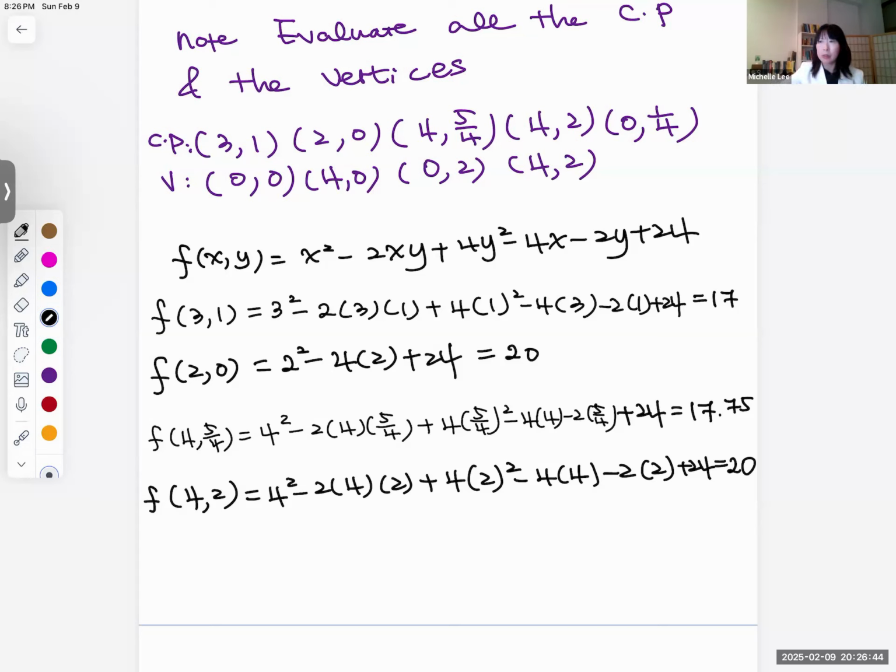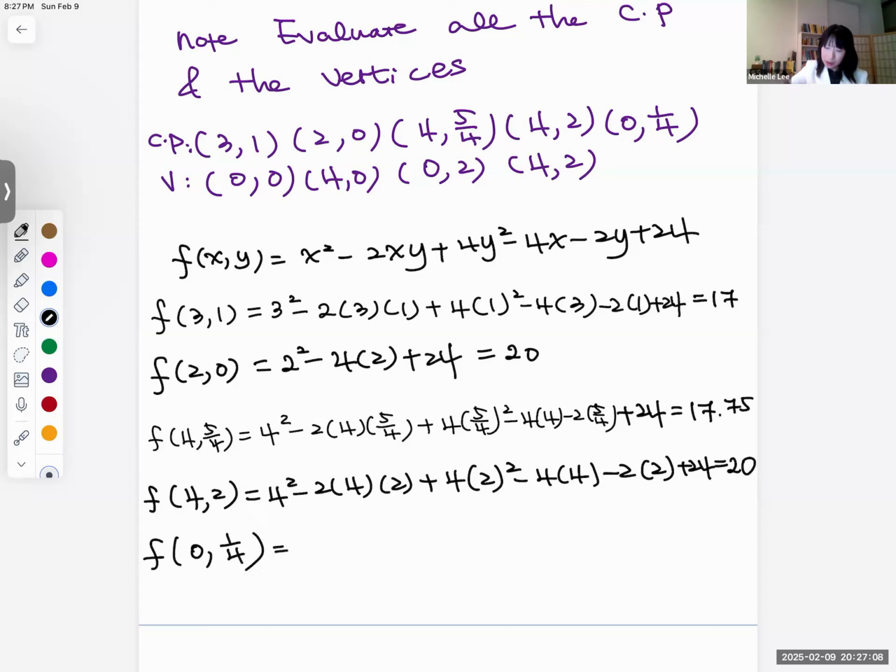There is a shortcut, and we did it already. After this, I can show you the shortcut. So for 2, 0 and 4, 104.